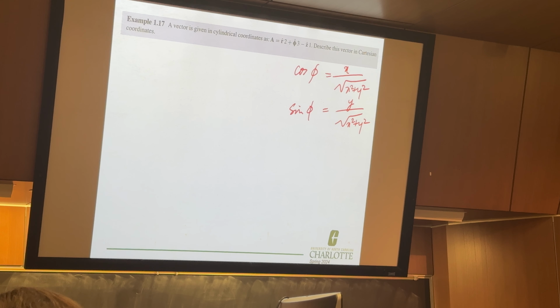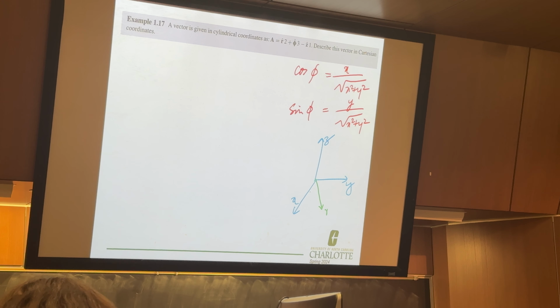So if we go back to our earlier point, right, this is our x, y, z coordinate system, and the cylindrical coordinate system now looks like this.